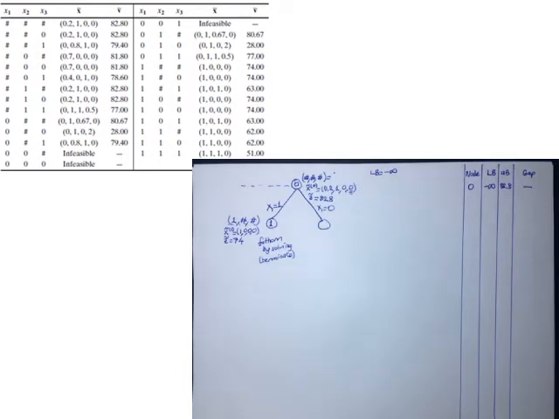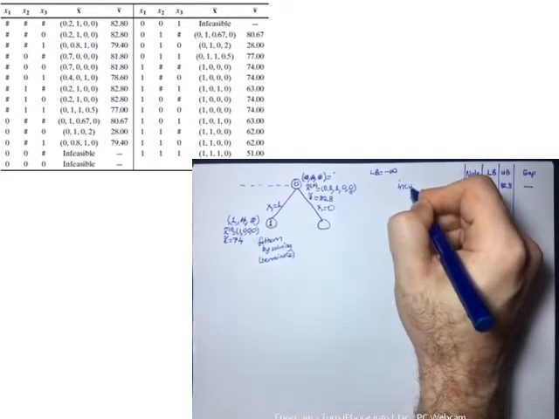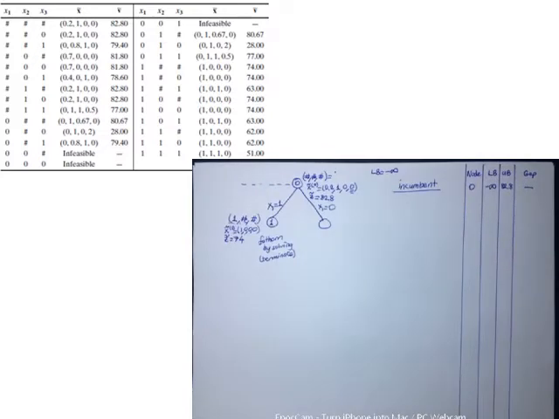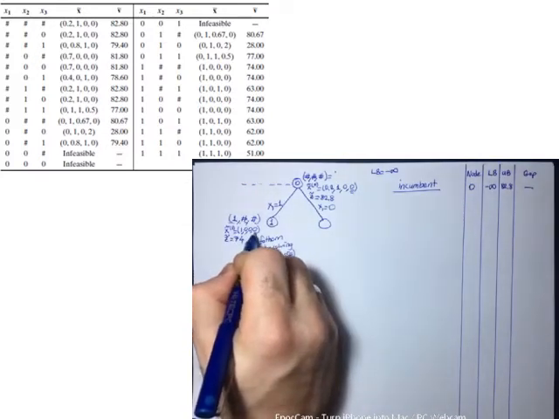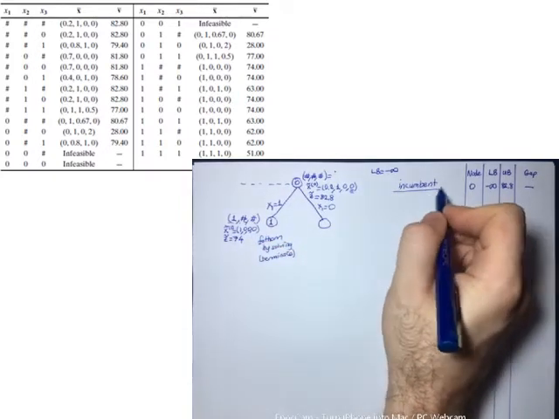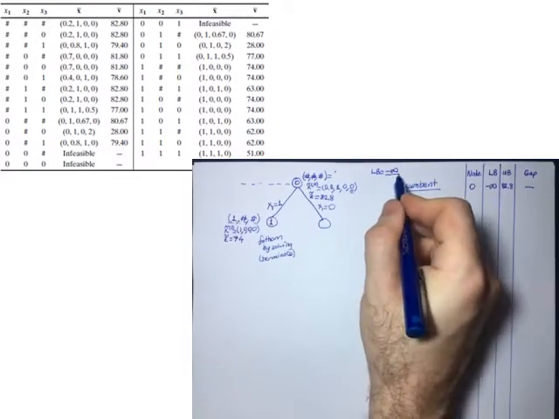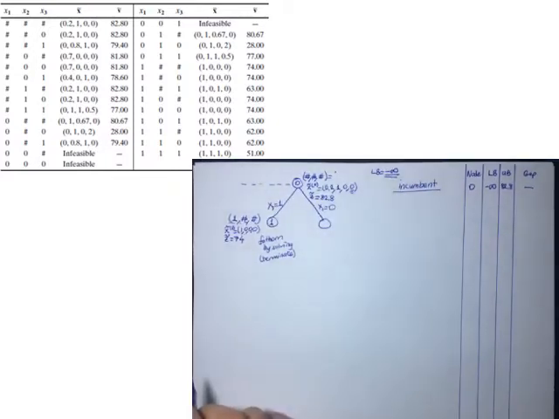We fathomed this, but since we found an integer feasible solution, I need to consider what happened to my incumbent solution. Remember what the incumbent was? It is the best integer solution that you found until that point. Since this is an integer solution, I need to check, should I update my incumbent or not? Initially, my incumbent value is minus infinity, the lower bound.